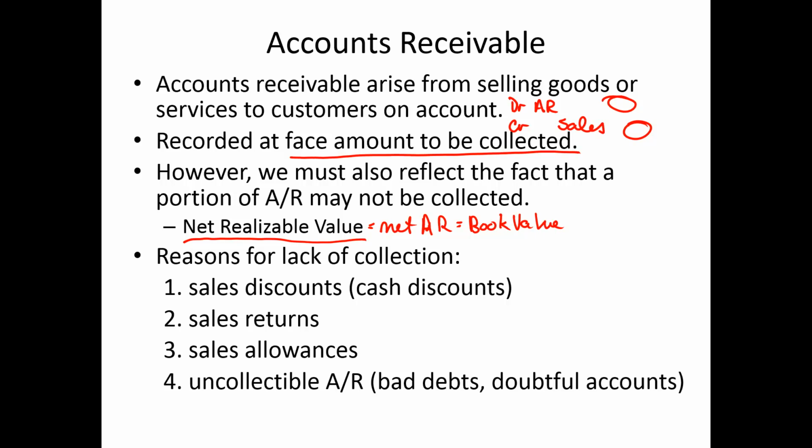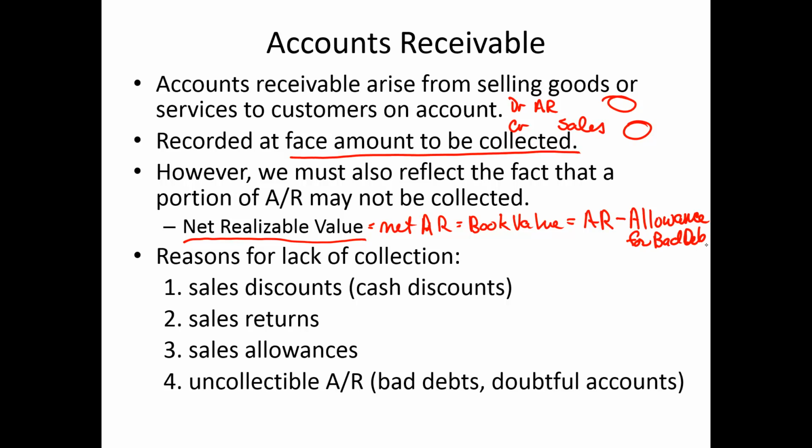How we get the net realizable value, or the net receivables, or the book value, is it's going to be the balance in the accounts receivable account minus the allowance for doubtful accounts or bad debts. We'll just call it bad debts.